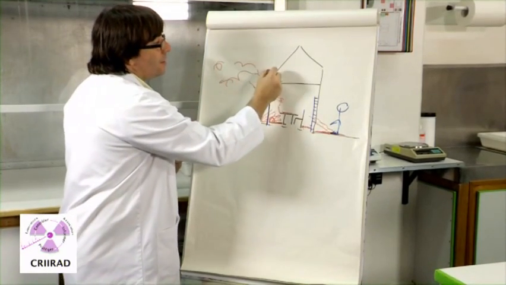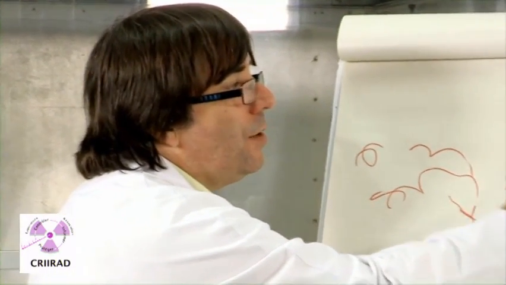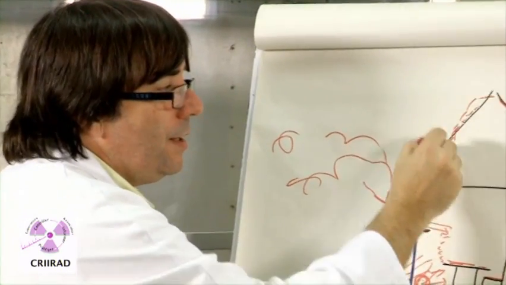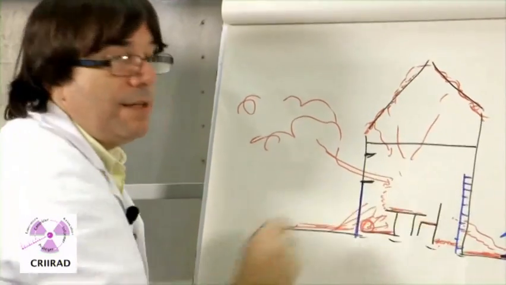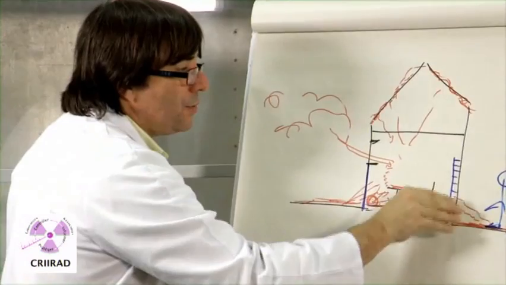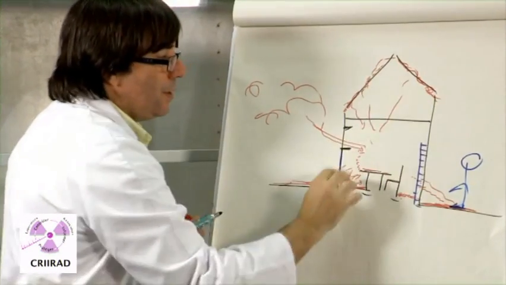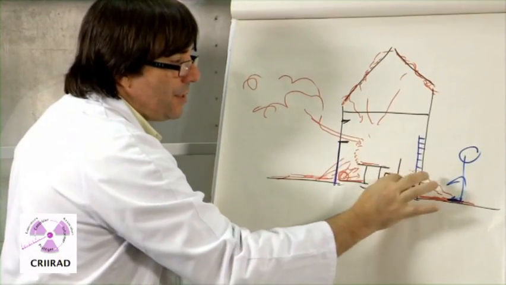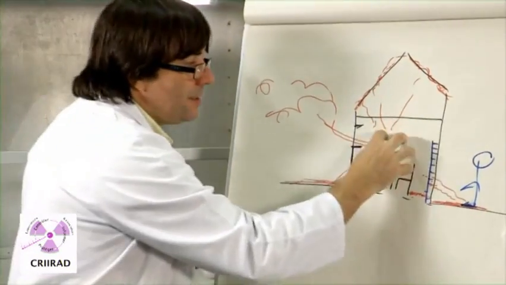It's the roof, because the particles that accumulated on your roof will also create gamma radiation that will be detectable inside the house. So for all those different reasons, radiation coming from the soil, from the roof, from contaminated surfaces inside your house, it's very important to check the gamma radiation inside the house.